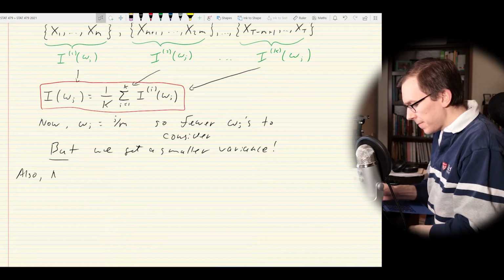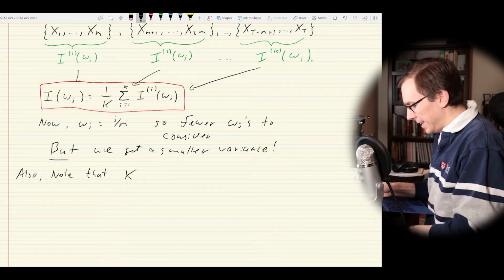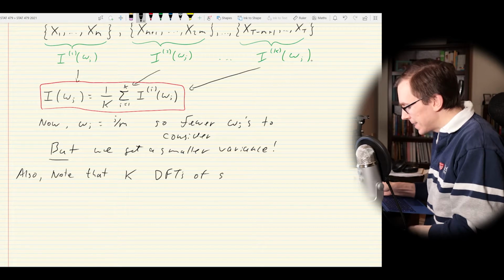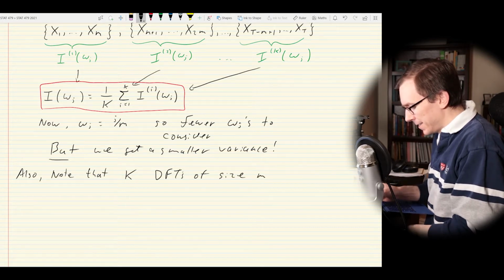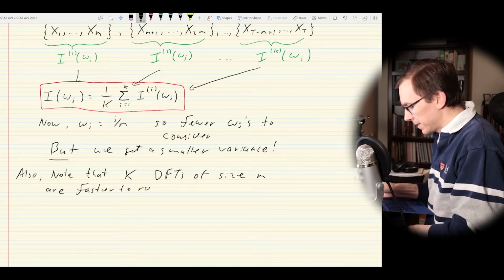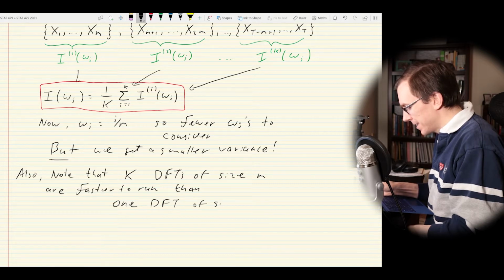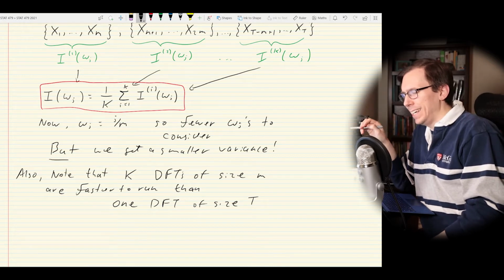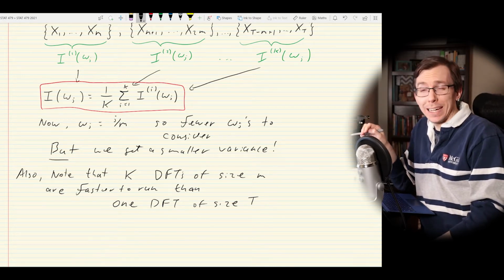And there's one other thing to note. Also note that k DFTs of size m are faster to run than 1 DFT of size T. Remember that the discrete Fourier transform is, if I recall, quadratic complexity.